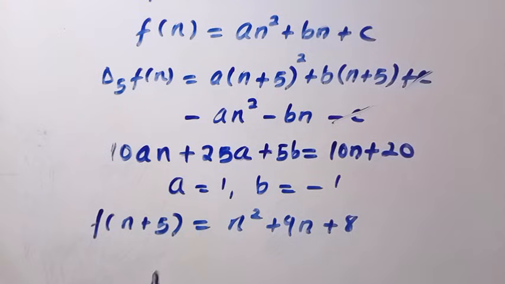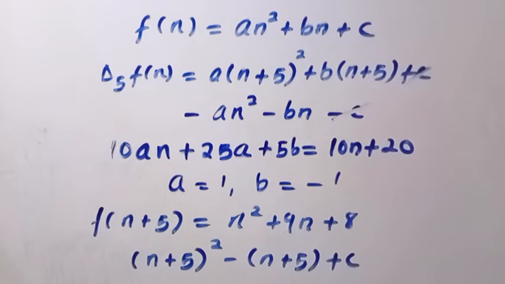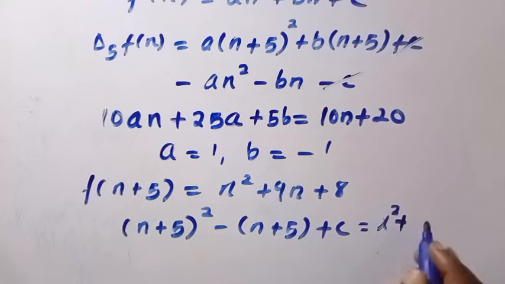So we have (n plus 5) squared minus (n plus 5) plus c, and compare it with n squared plus 9n plus 8.